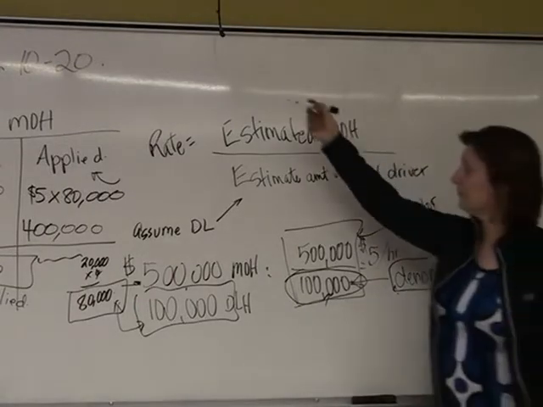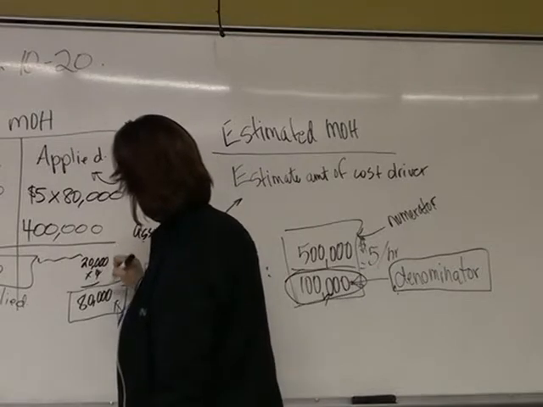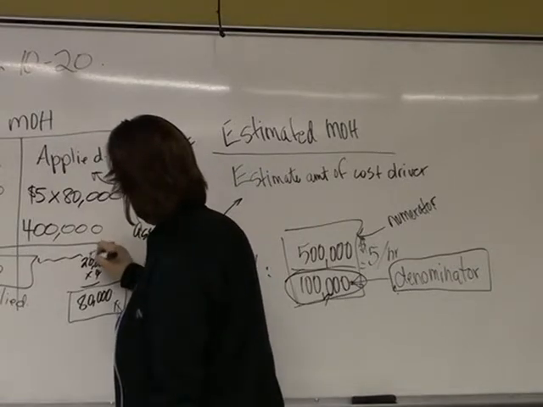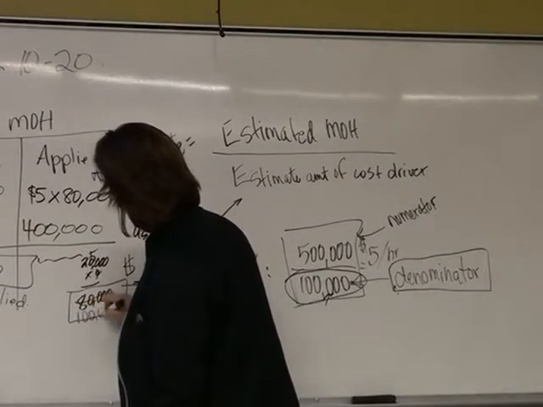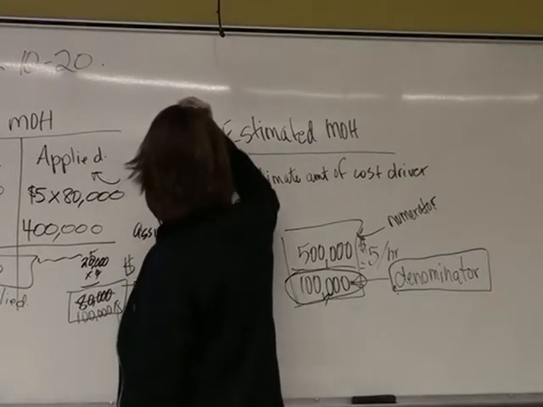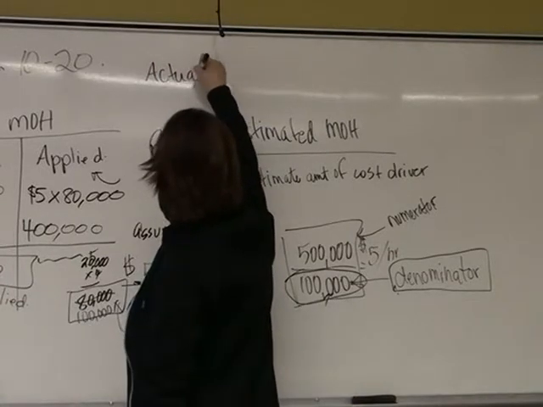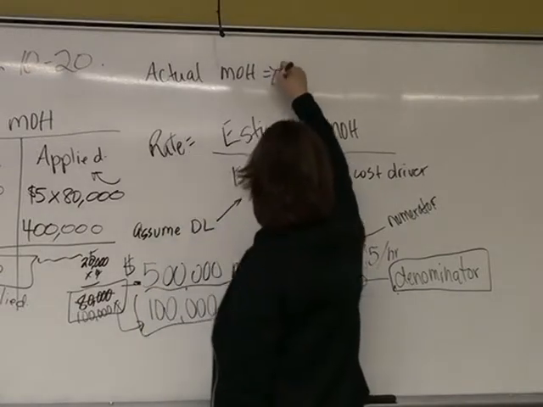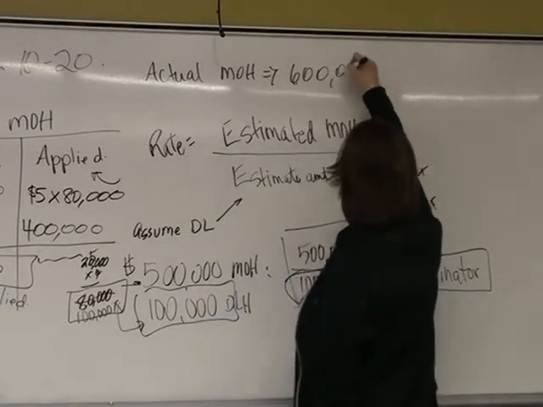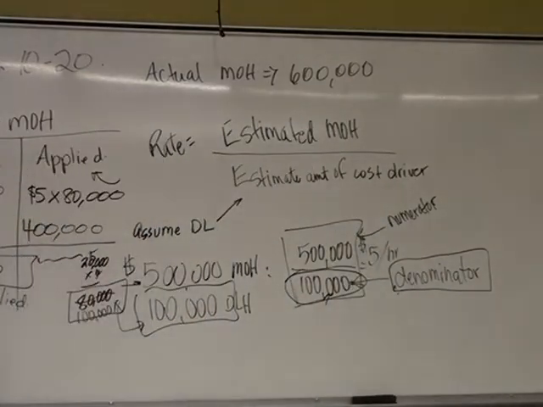So let's say we made 25,000 units, and so we did in fact incur 100,000 hours. But let's say that our actual overhead turned out to be 600,000. We are still going to have the exact same variance here.